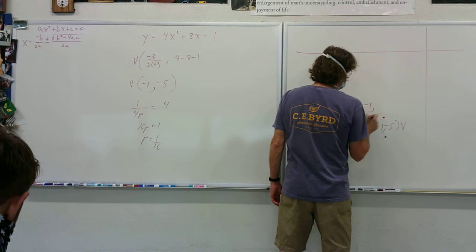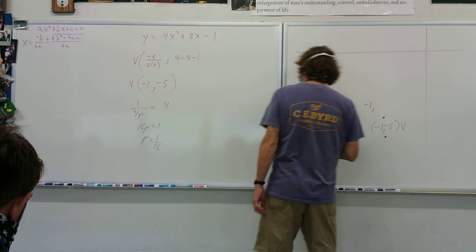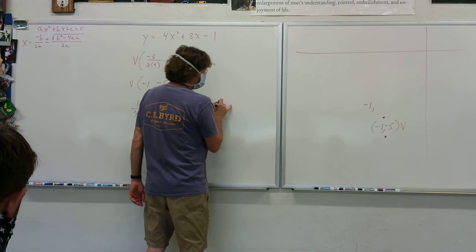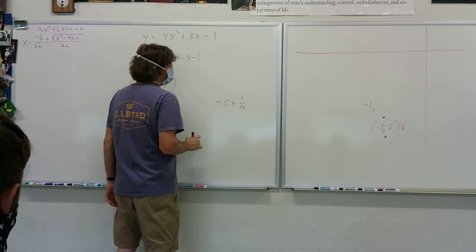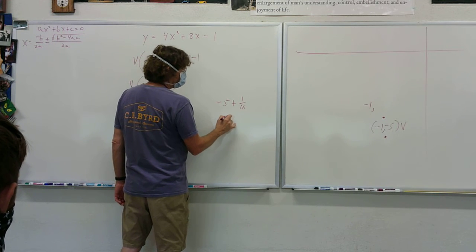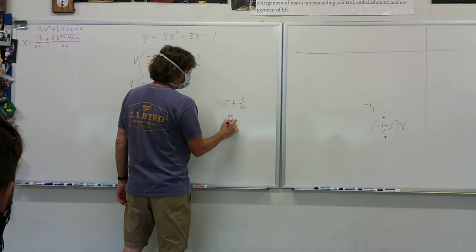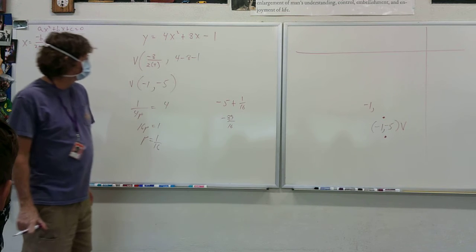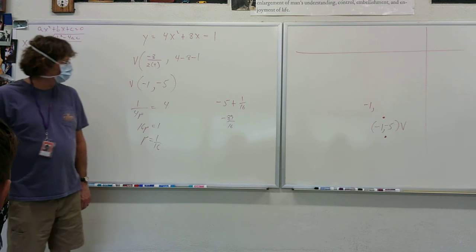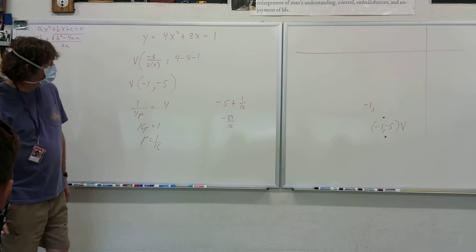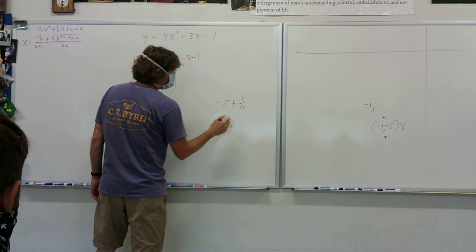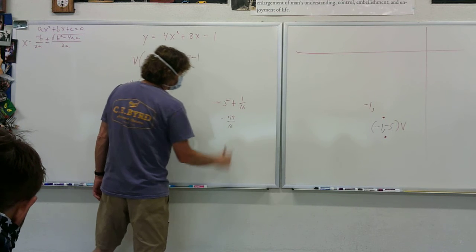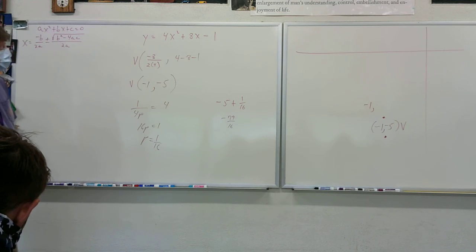Negative 1, and it's going to be negative 5 plus 1/16. Because it'd be negative 5 times 16 is 80. So try 79 sixteenths, Mr. Evans. 79 sixteenths. Yeah.